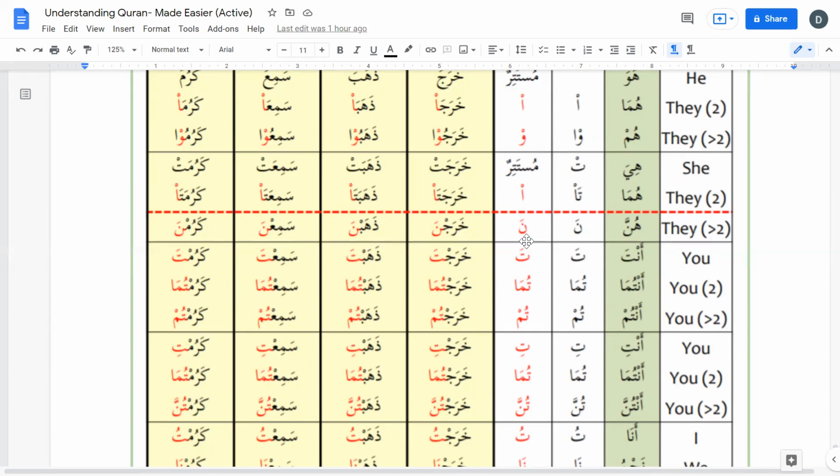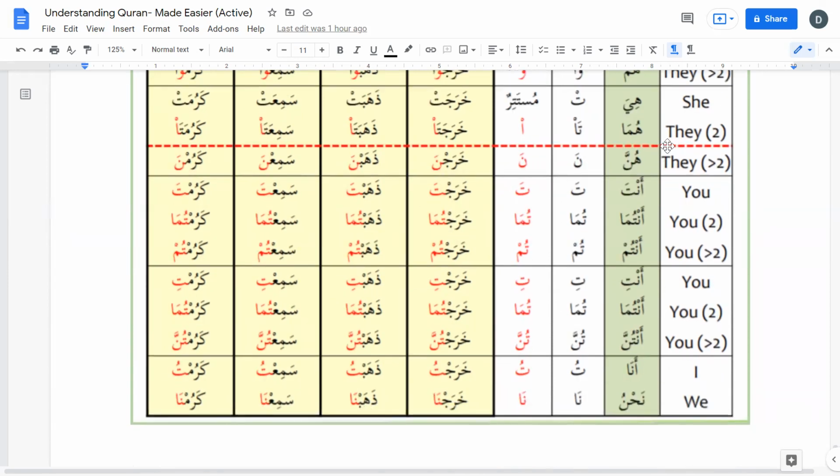And from now on, from hunna, because we know that it's in fe'l madi grammar, after hunna, all sighas of this independent pronoun, anta, antuma, antum, anti, antuma, antunna, ana, nahnu, actually they are 8. After hunna, there are 8 pronouns that come as fa'il, and they have sukun at the lam kalma.